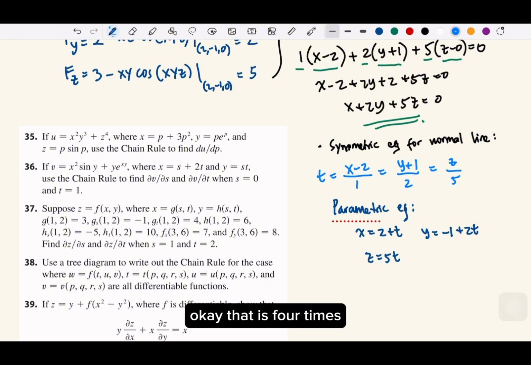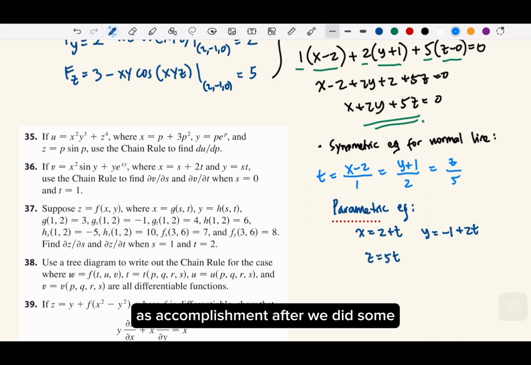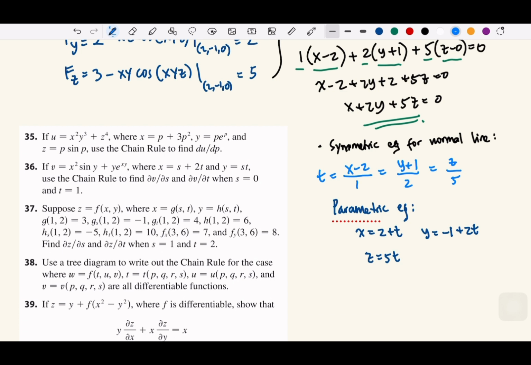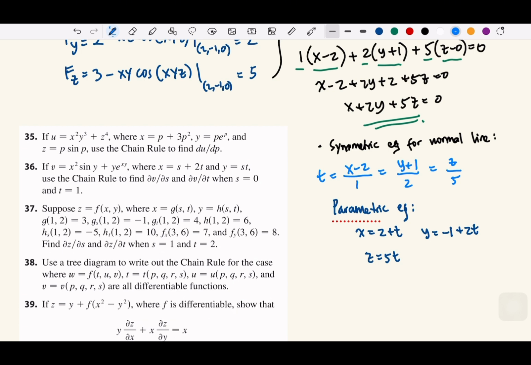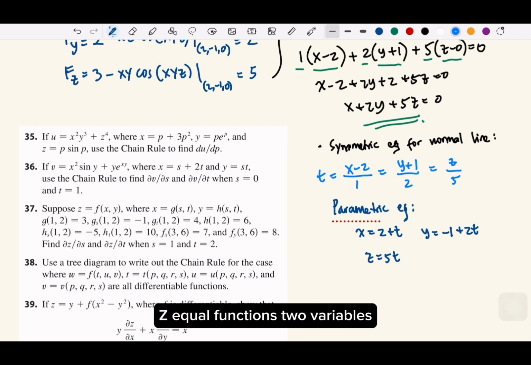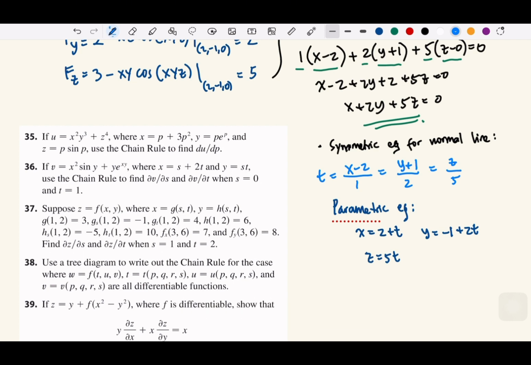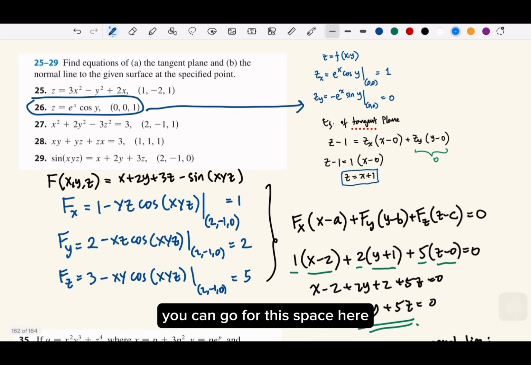Okay, that is for the tangent plane. As a conclusion from what we did previously in some sections, for now you can see two possibilities for the tangent plane. If you have z equal to a function of two variables, then you can go for this case here.